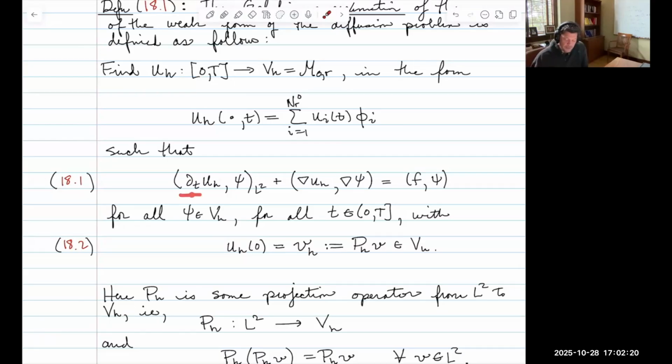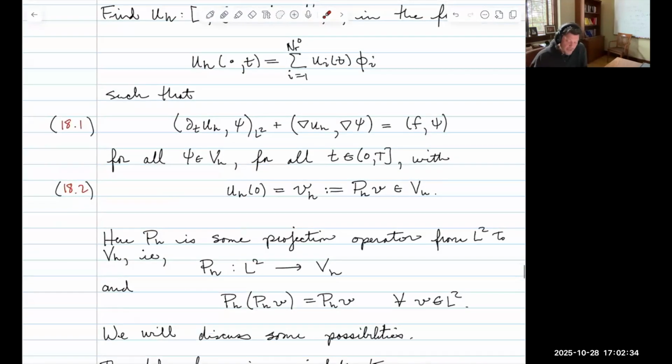It turns out that this is nothing more than a system of ordinary differential equations, which I'm going to prove to you momentarily. And it's going to obey this initial condition. First of all, I need to put the initial data into the subspace VH. The way I'm going to do that is I'm going to use a projection.